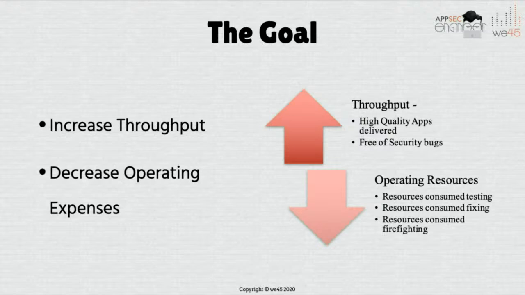This is going to be done by decreasing the overall resources consumed while testing. So all the resources, whether it's man hours or your server environments or something like Jenkins, which can sometimes have high compute requirements. If you can manage to reduce the resources consumed, it's going to decrease your overall operating resources, and it's going to be a lot more efficient as well.